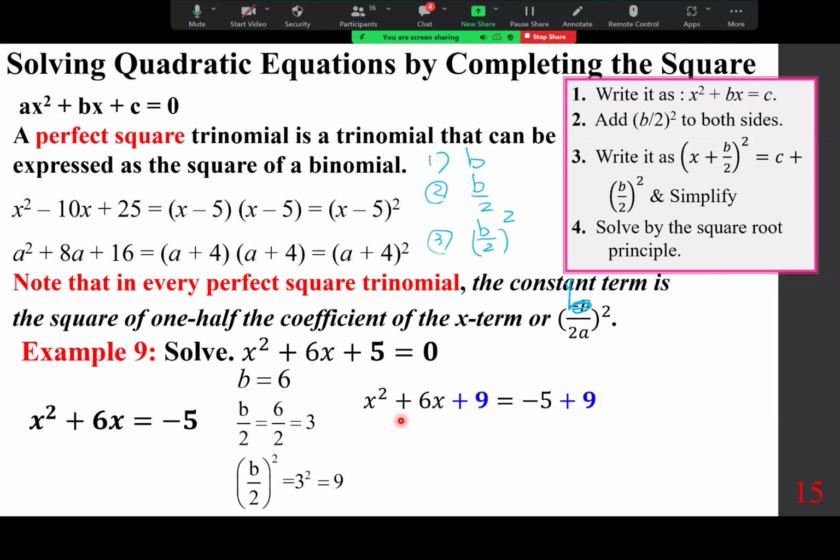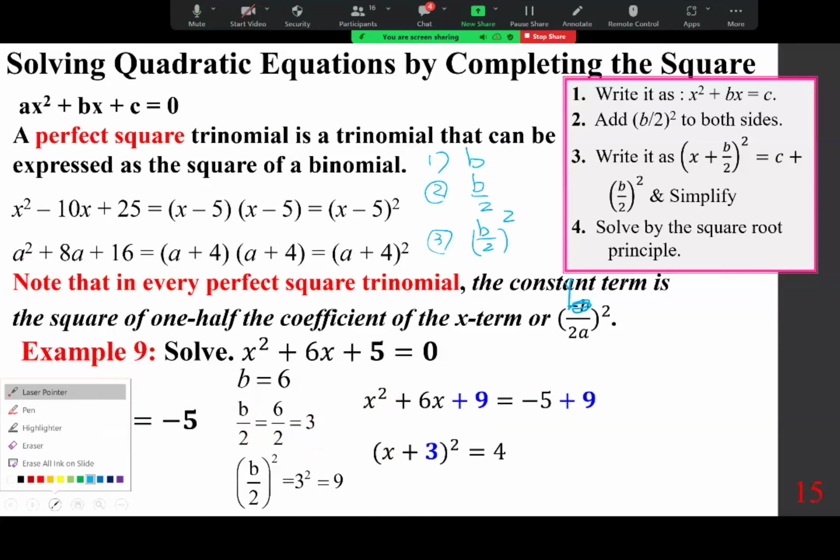So the variable, in this case x, plus b over 2, including the sign. In other words, this is positive 3. If it's negative 3, it's negative 3. So the variable mostly is x, and b over 2 to the second power, and the right side adds up to 4. B over 2, including its sign, is here.